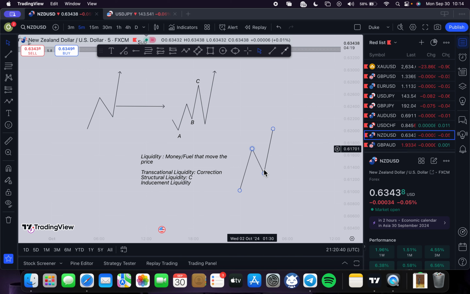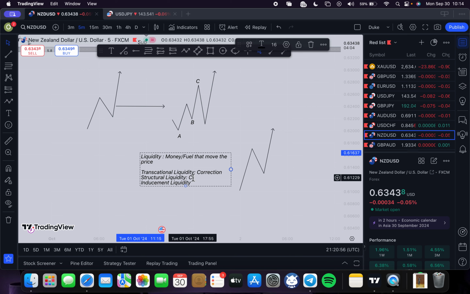For this substructure to happen, price needs to go to a particular place to take out this particular liquidity, which is the structural liquidity. And once it takes it out, then we have the normal continuation, which can be seen as this. But before the move, we know structural liquidity as this particular move.